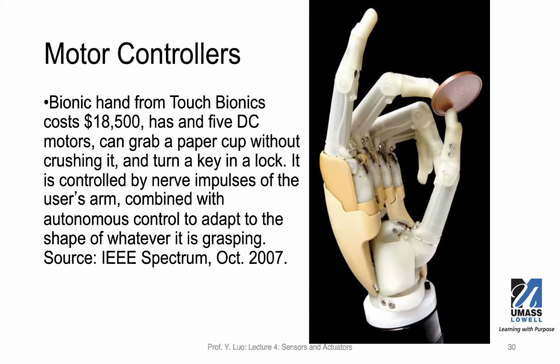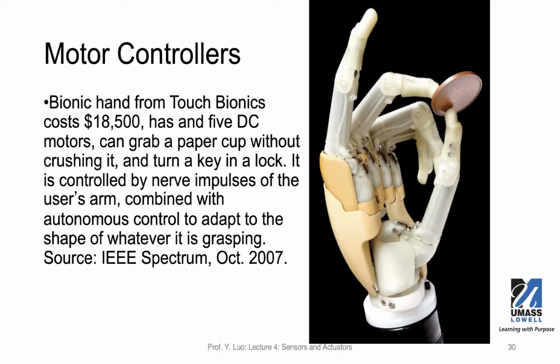This is an example of a robotic hand, the bionic hand from Touch Bionics. This was in 2007. Of course, nowadays you can find many vendors of such robotic hands. But at that time, it had 5 DC motors to control the fingers' movement.